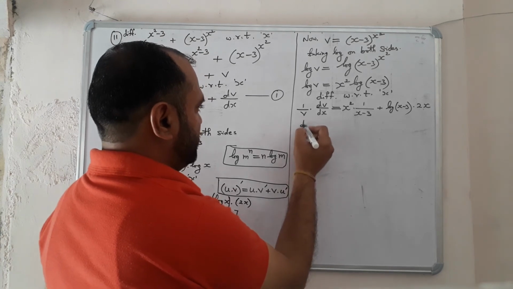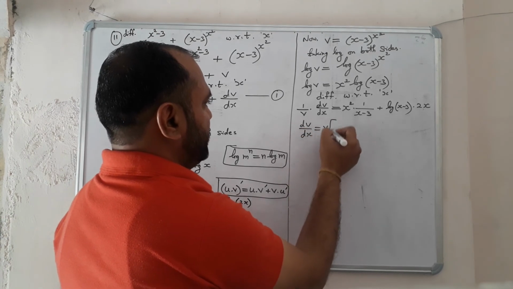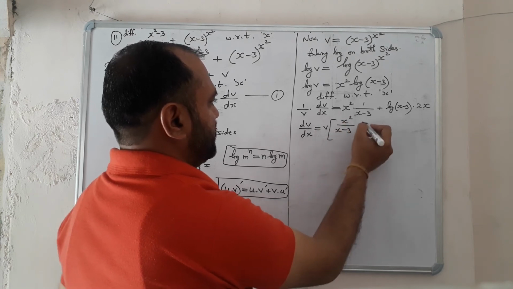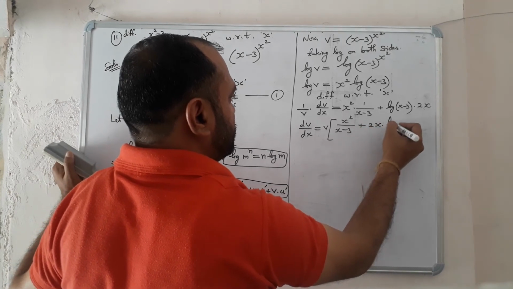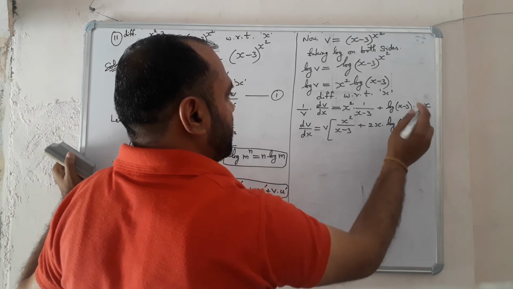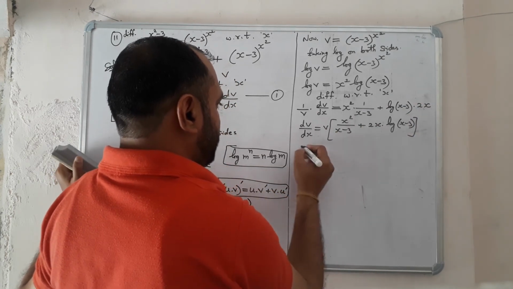So we have dv over dx is equal to v into x square upon x minus 3 plus 2x into log of x minus 3. I am writing this 2x on this side. Now put the value of v.